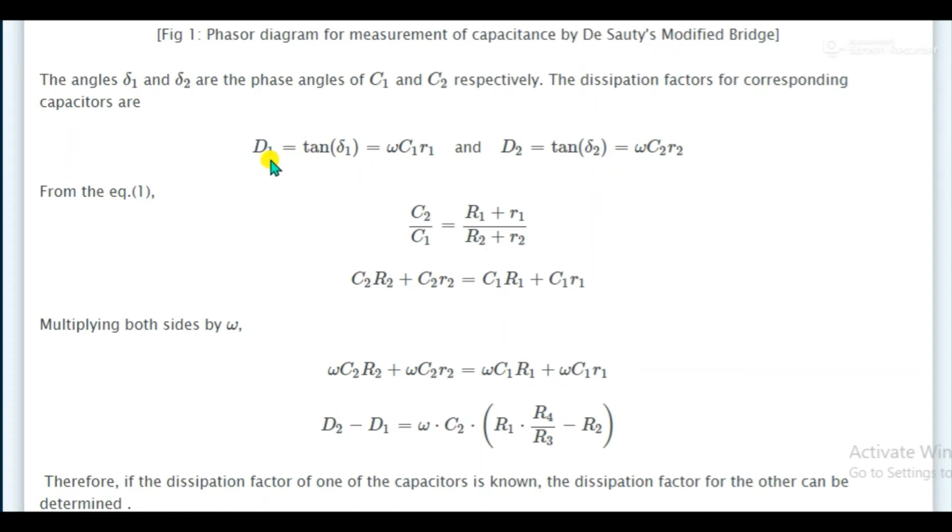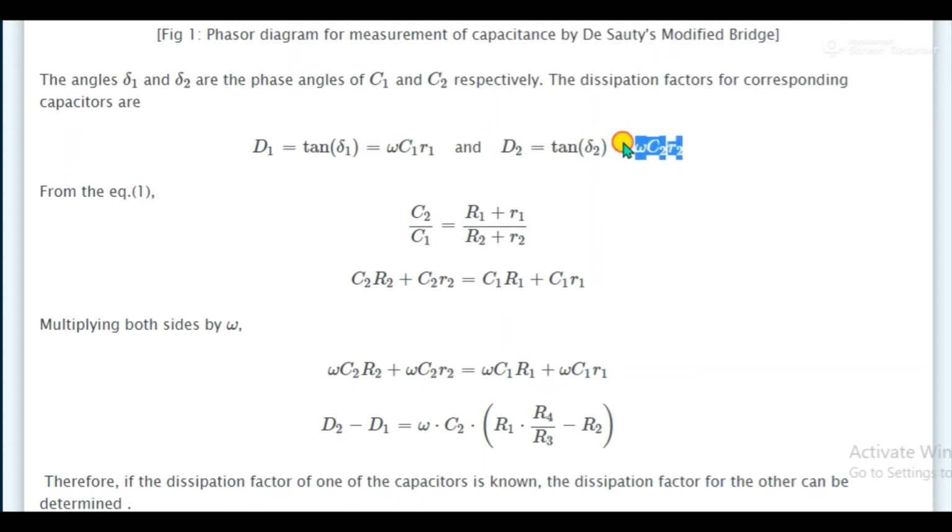So here we are taking two dissipation factors, D1 and D2. D1 is equal to tan phi 1. It can also be written as frequency into capacitance into the respective loss of that capacitance, small r1.